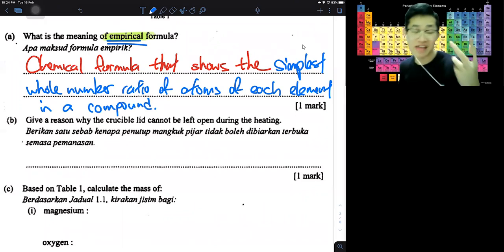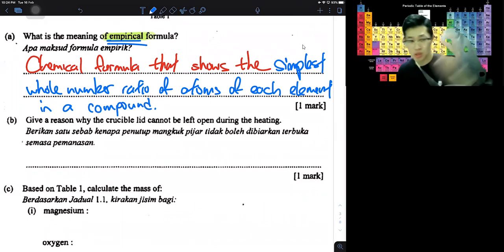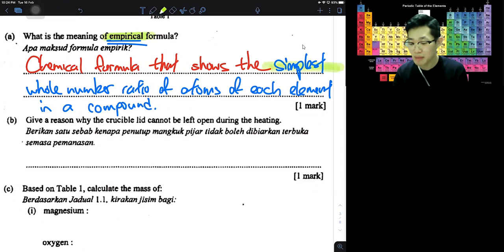Okay, so I just give you this definition before exam. You can read it, read through this quickly. Remember the keyword simplest whole number ratio. And then it is always ends with atoms of each element.